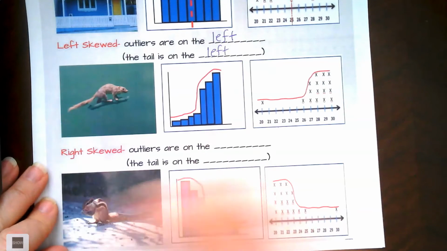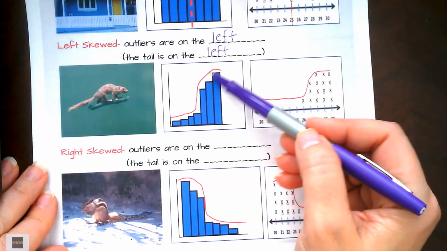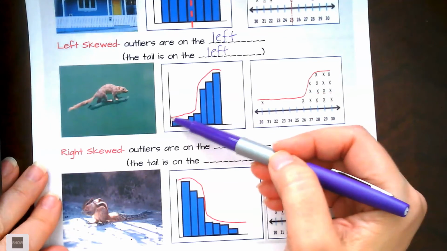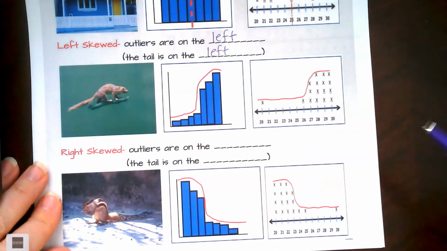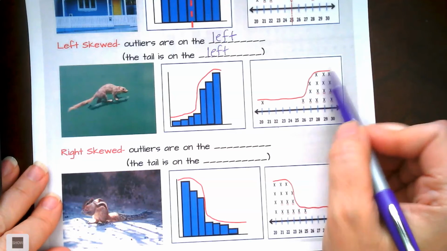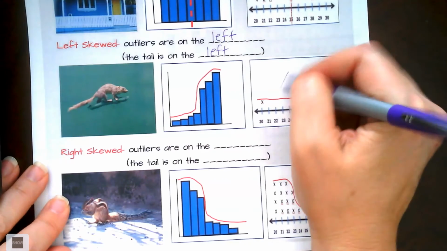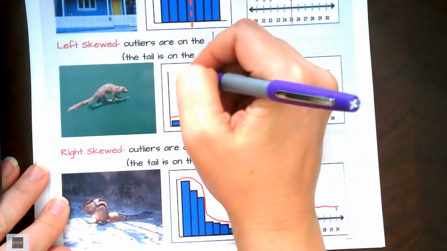The tail's on the left. If we're talking about data, this histogram shows we have a nice tall cluster here, but then the tail is out here. So imagine this shape and the shape of our little animal over there. Same thing for this line plot. We have a nice cluster and then a tail. Tail is on the left, so this is your tail, and this is your tail.